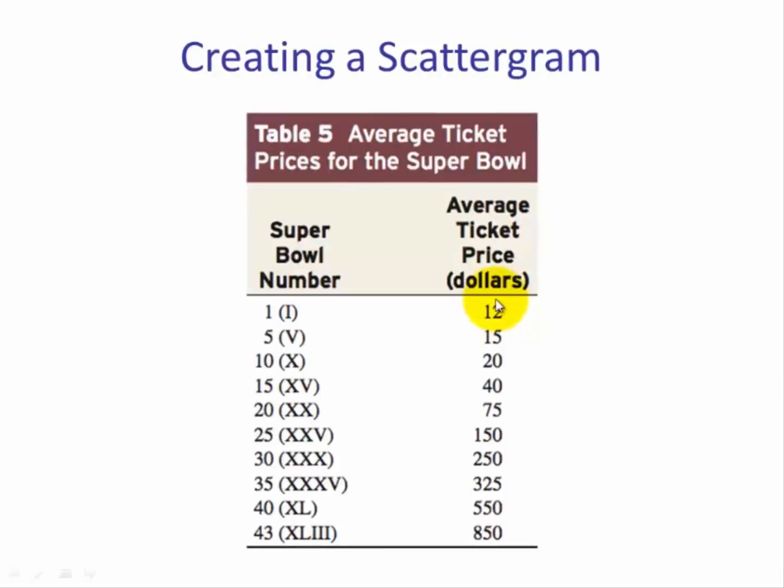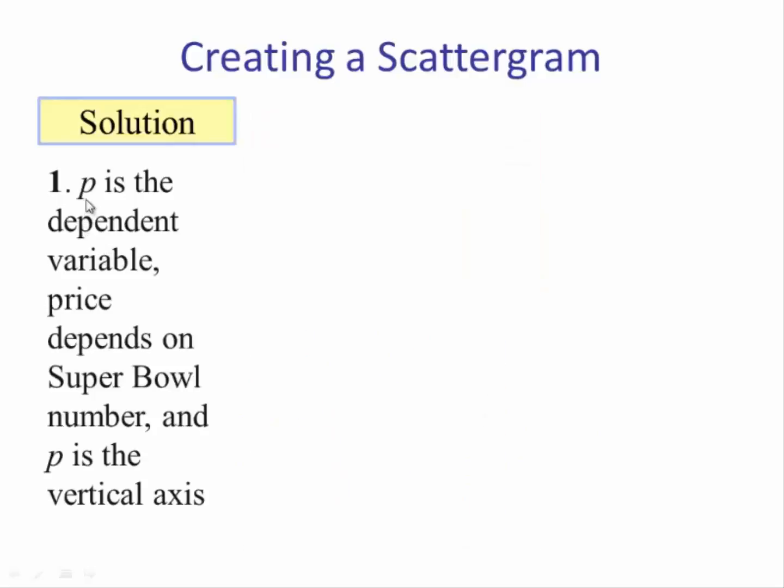So here we have table 5. This is the Super Bowl numbers, our independent variable. Here's average ticket price measured in dollars, our dependent variable. And what we're going to do in the scattergram is look at the relationship between these two variables. P is the dependent variable.